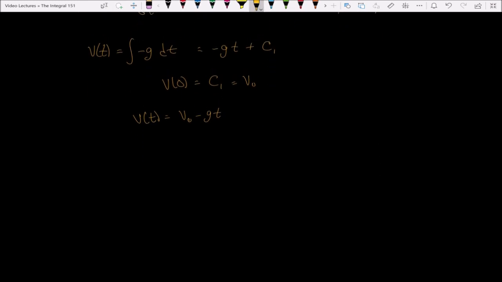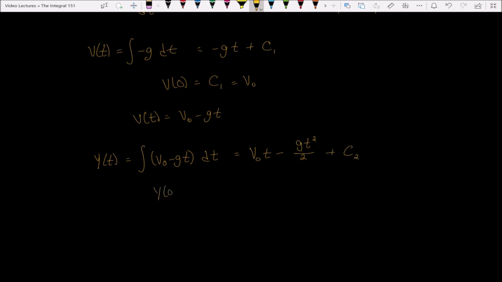Now we can solve for y. I'm sorry, v of t is dy dt. So y is the antiderivative of v naught minus gt dt. That is v naught t minus gt squared all over 2 plus a second arbitrary constant, call it c2.